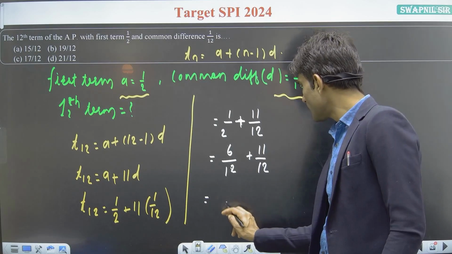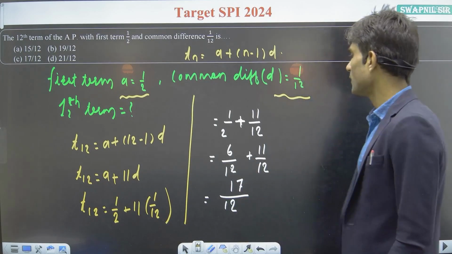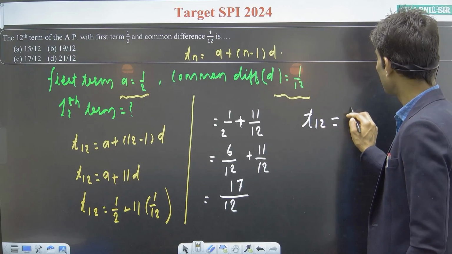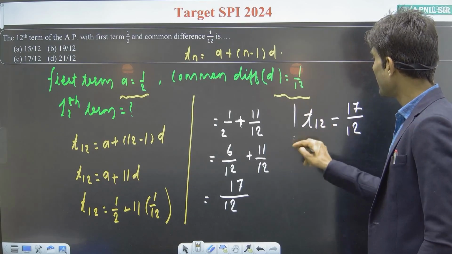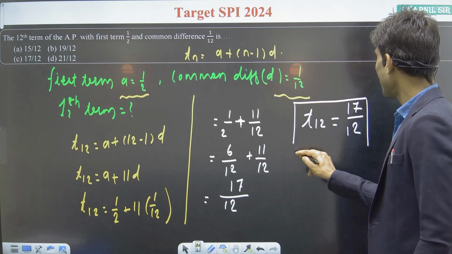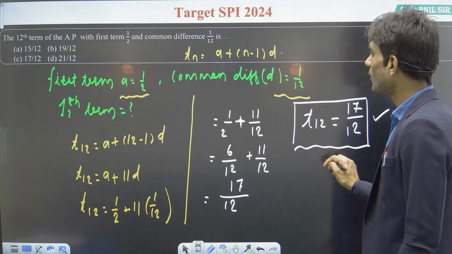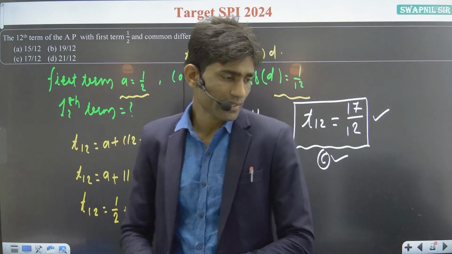Taking 12 common, 6 plus 11 is 17 by 12. So the T12 term of our arithmetic progression is 17 by 12, our required answer, given in option C.